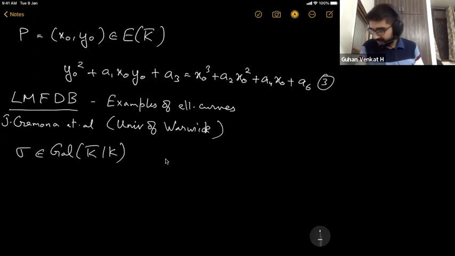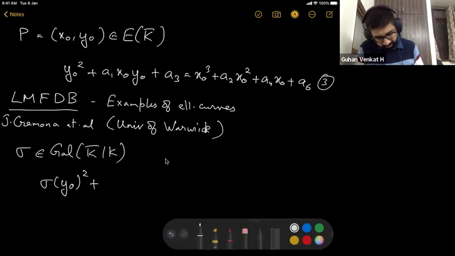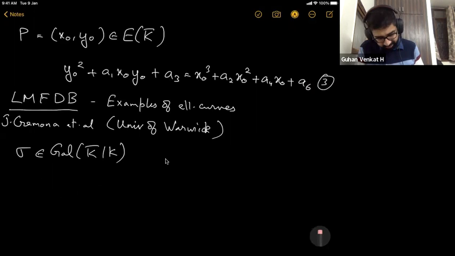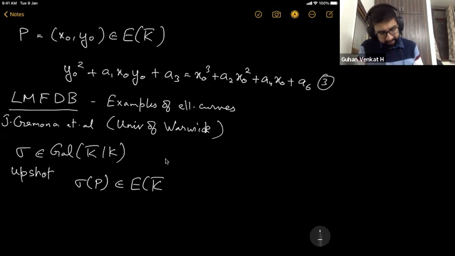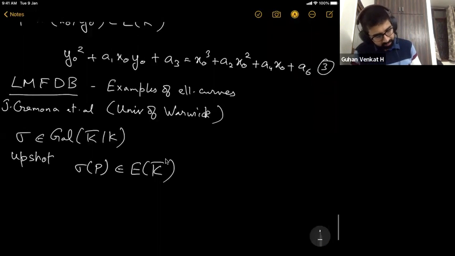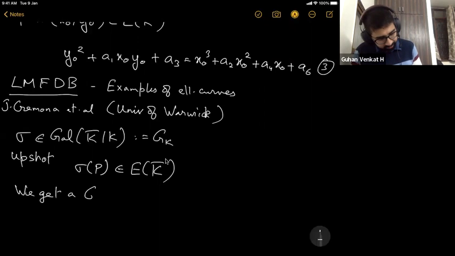I can apply sigma on equation 3, and the upshot is that sigma of P is also a K bar rational point on this elliptic curve. Essentially we get a G_K action, let me call this G_K for brevity, on this group of K bar rational points.